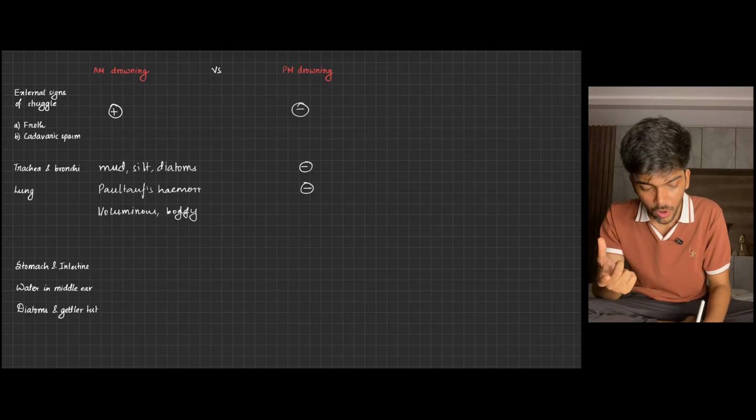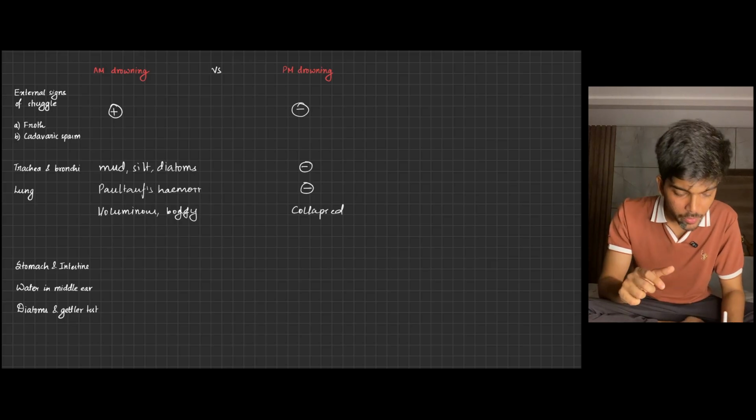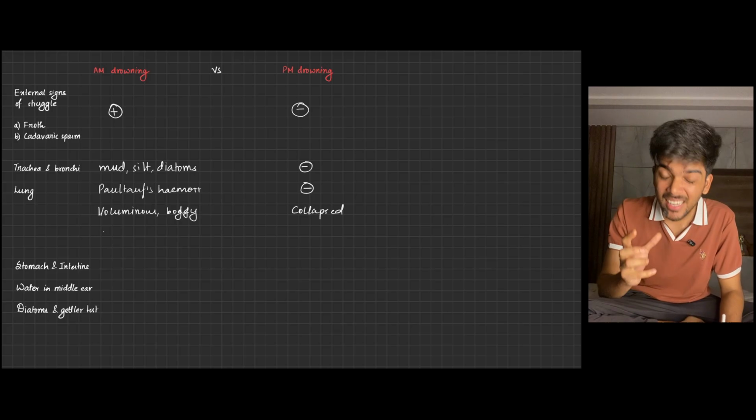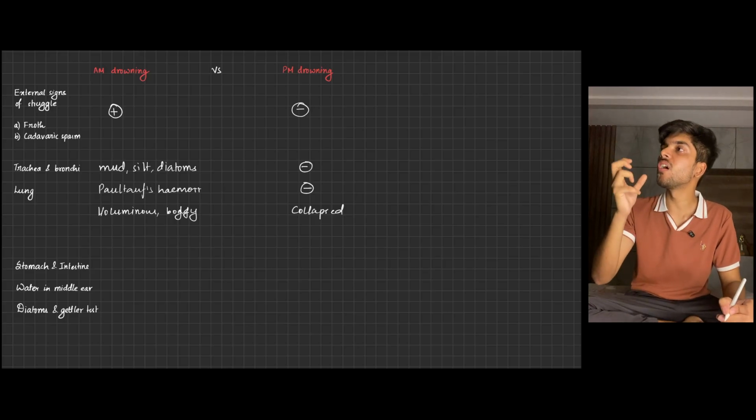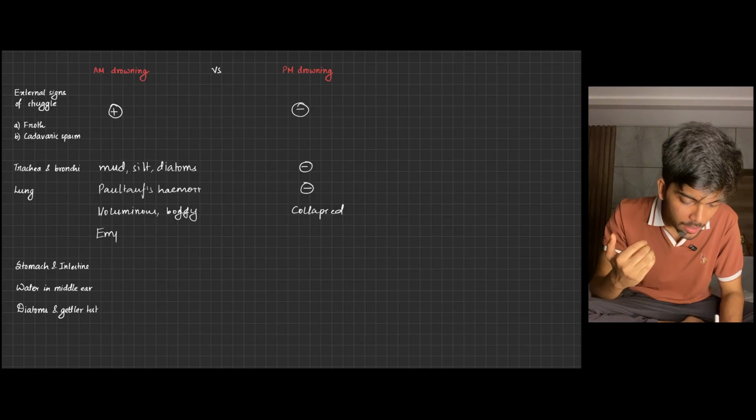But in post-mortem drowning, the lung has collapsed. In ante-mortem drowning, since there is struggle, air hunger, there is entry of air and water, you get emphysema aquosum.